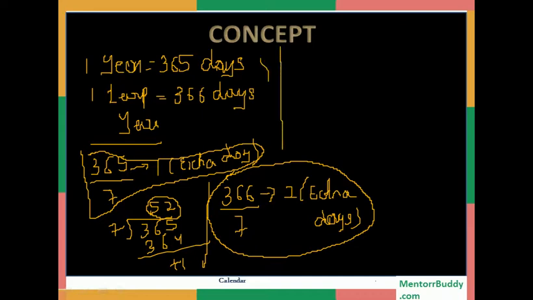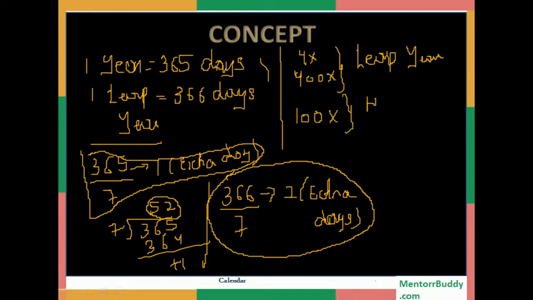Another important thing about the calendar: any year which is a multiple of 4 and 400 is a leap year, and among them any year which is a multiple of 100 is not a leap year.